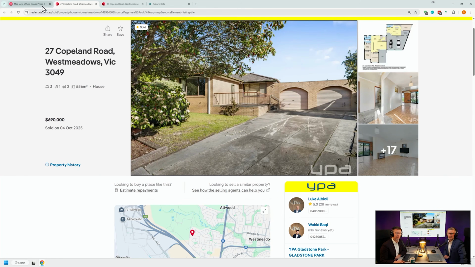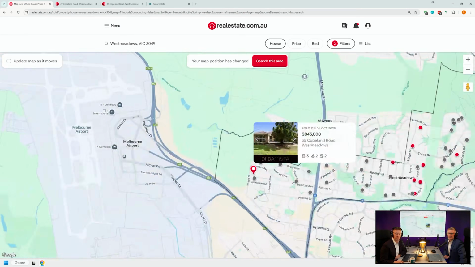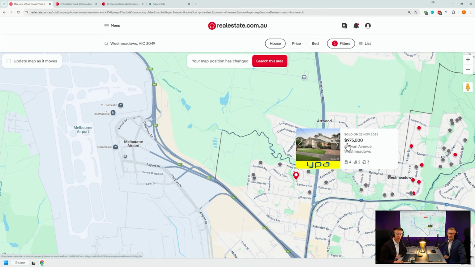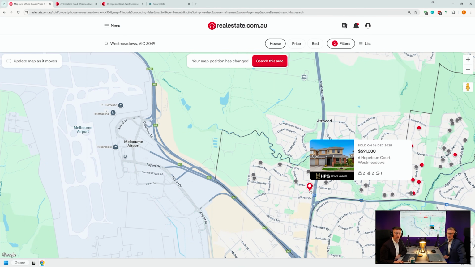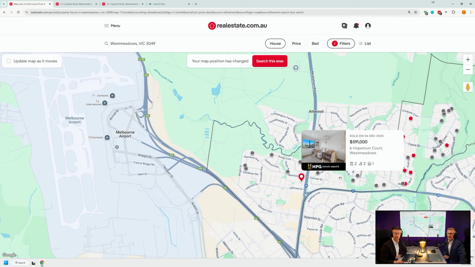Yeah, similar. But I think the purpose of this is you can go into that same suburb. You've got a 975 sale, much more expensive. One near it looks like it could potentially be a double story, or is that a townhouse? Looks like a townhouse. So townhouses in the data can filter through to houses, correct? Yeah, this one would be classed as a unit for the area because it's only got 2 bedrooms.